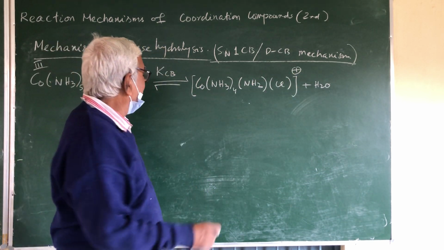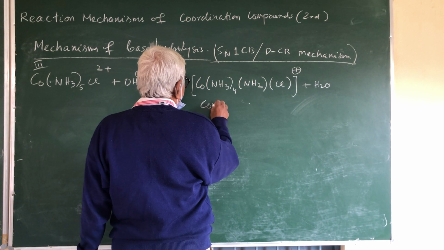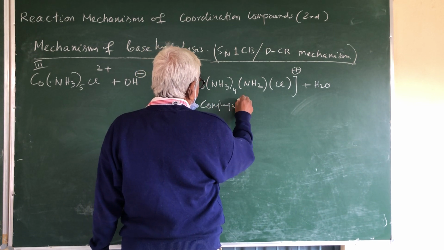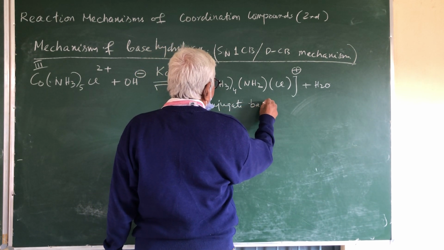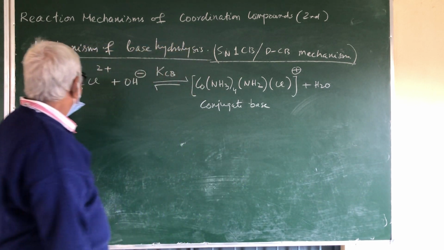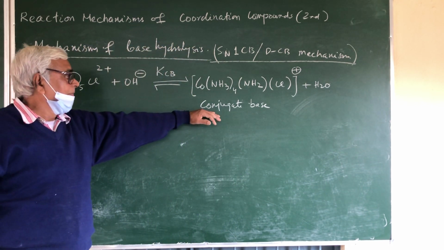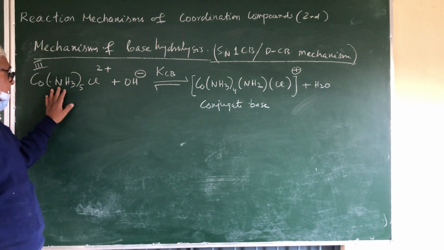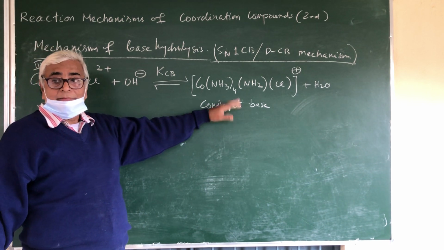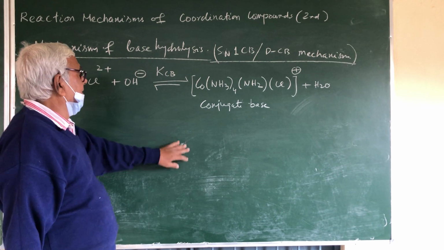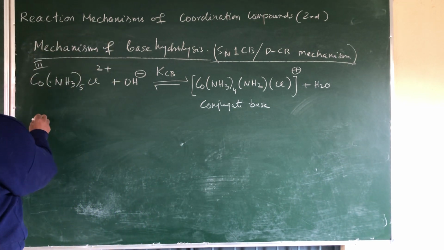This is the conjugate base of this. If this is considered as acid, then that will be the conjugate base. The next step is the conjugate base.